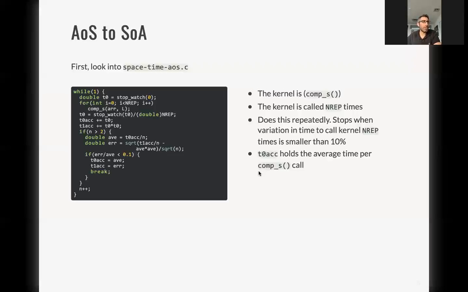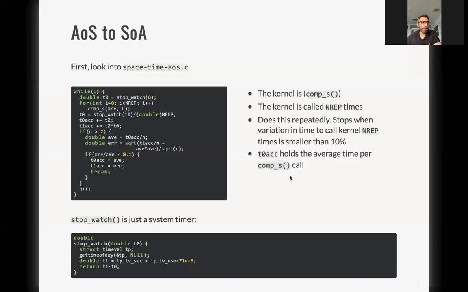So in the end, when this loop finishes, this variable here, T0 accumulated, is the average time per call of this comp_S. And that's just the definition of the stopwatch function. It just returns the time interval between now, the time you call it, and the first argument that you put there.